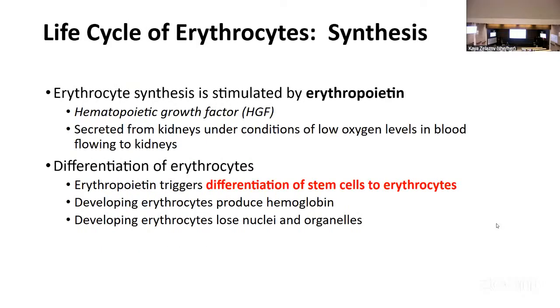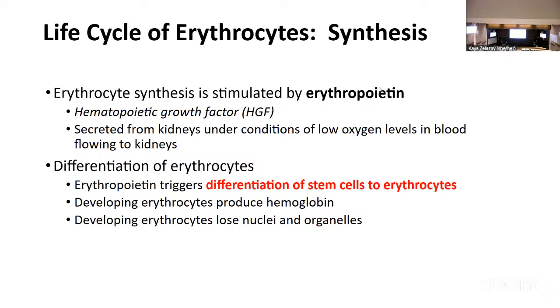Okay. So on the beginning side, the synthesis side, the creation of our erythrocytes, we're going to see this hormone erythropoietin directly stimulating that erythrocyte synthesis, right? So this is the signal we're going to be getting from our kidneys telling us to produce some more erythrocytes. They're going to be developing also along their course through this other hormone, our hematopoietic growth factor, which is going to be helping them develop.